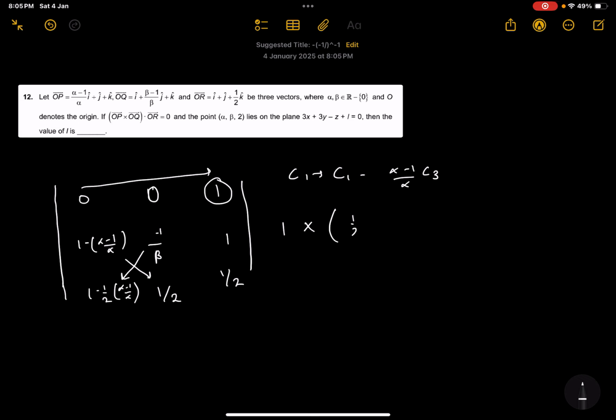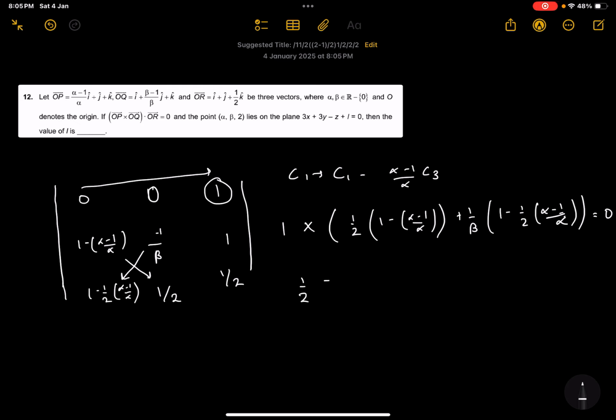This is half 1 minus alpha minus 1 by alpha. Minus into minus 1 by beta is plus 1 by beta into 1 minus half is 1 by alpha, which is 0. So we have half minus, this becomes 1 by alpha.